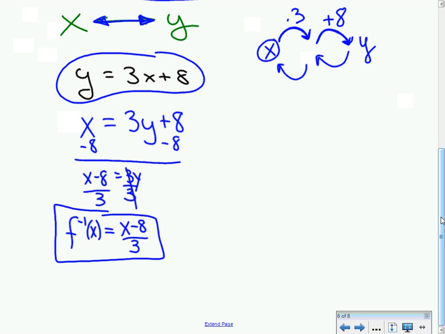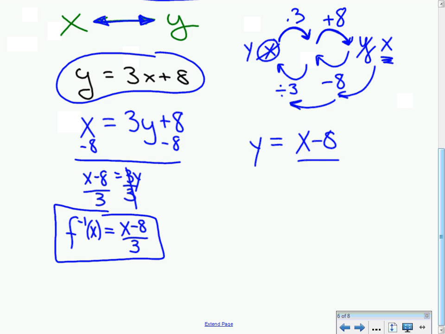And then in the backwards arrow, you simply reverse your steps, take the inverse operation, and this will tell you what to do. We switcheroonie the x and y's, and we get that y is equal to, start over here on the right, x, follow the arrows, minus 8, follow the arrows, divide by 3. Either way, you're going to get the inverse function correct.